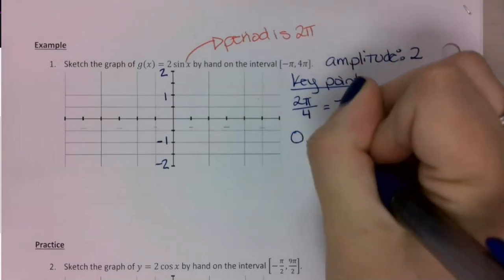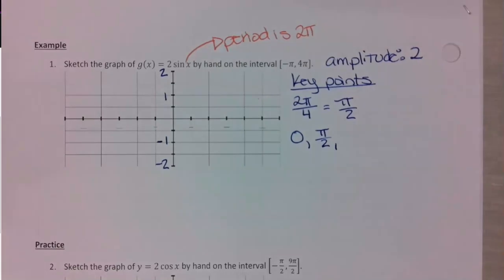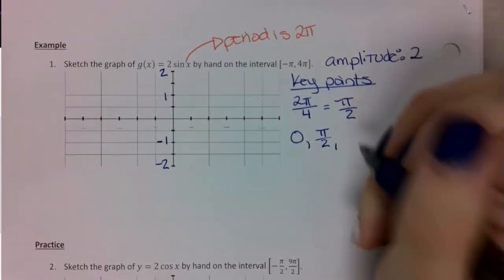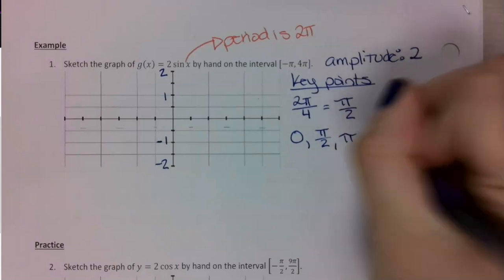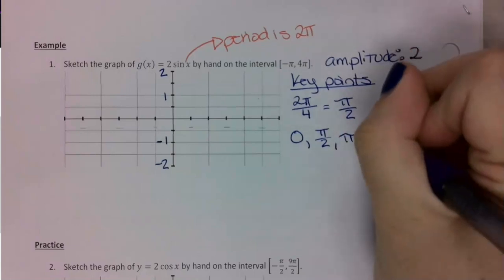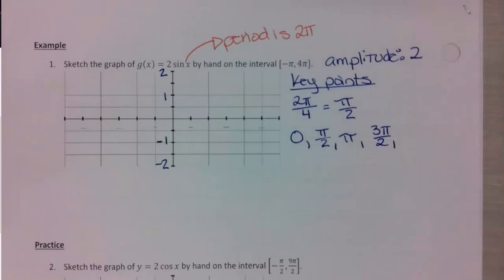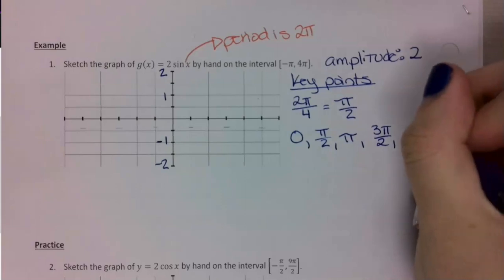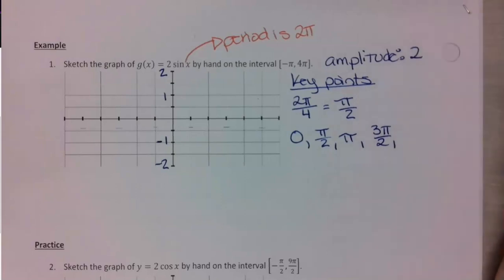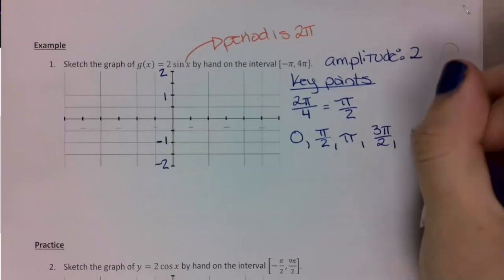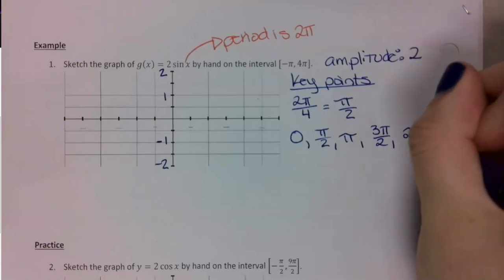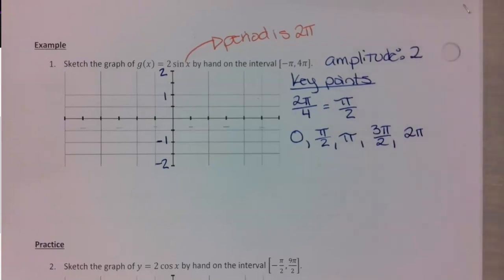Pi halves plus pi. Pi. Pi plus pi halves. And 3 pi halves plus pi halves. 2 pi. 4 pi halves.